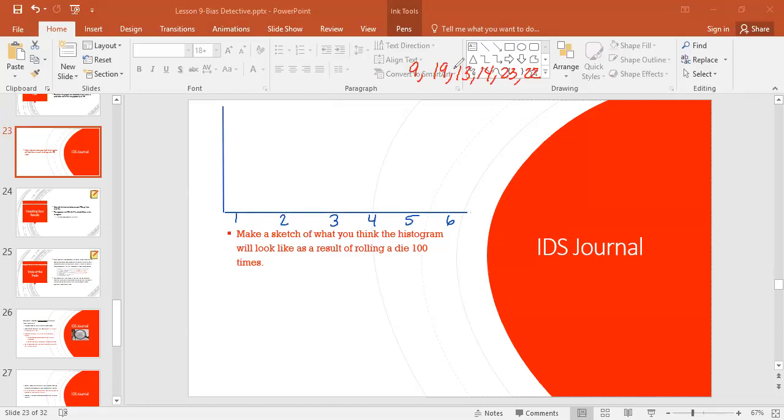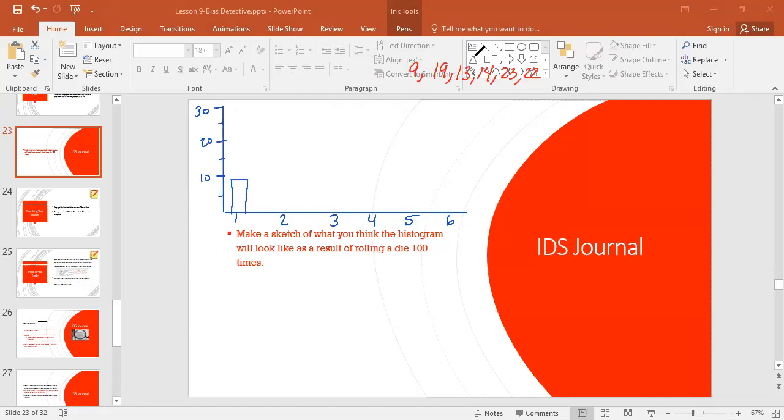So this is 10, this is 20, 30, five marks here. I had 9 ones, so that's going to be over here.